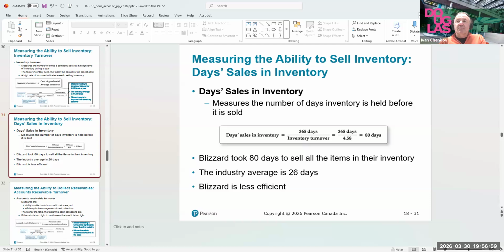Check 365 divided by 183. How much is it? So 2. What does that mean to me? How many days am I keeping the bread? 2 days. Is that good for my business?